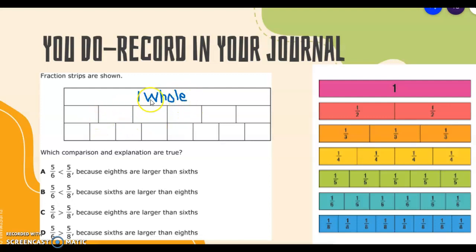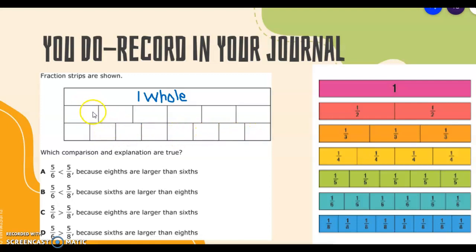So here we have the whole, and the second model is partitioned into one, two, three, four, five, six parts. And then the last one is one, two, three, four, five, six, seven, eight.